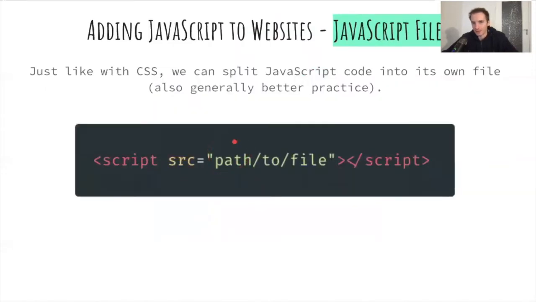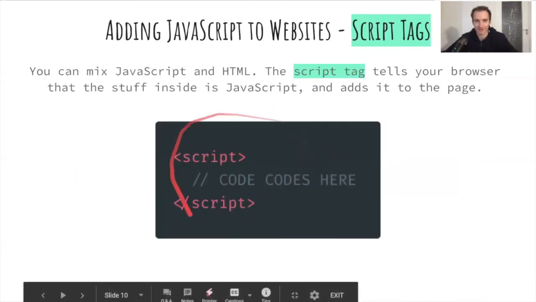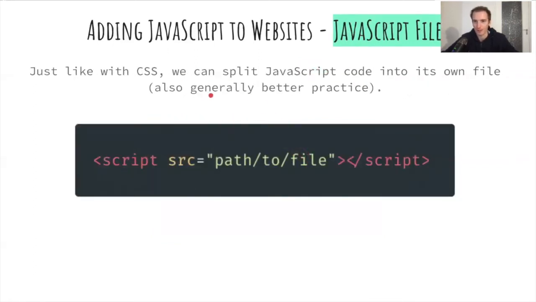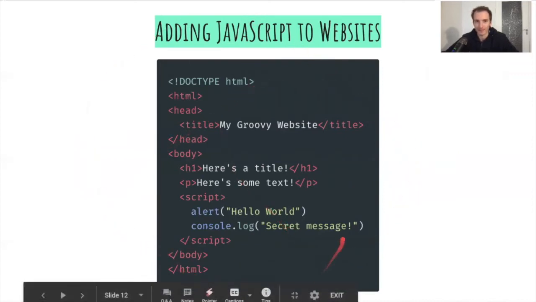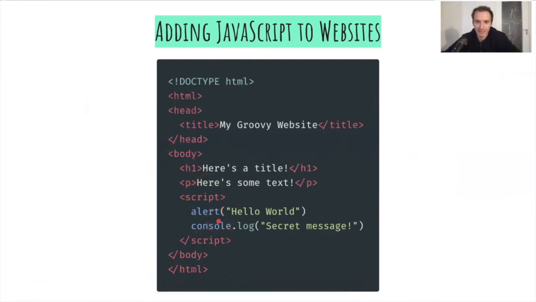And as also with the CSS, it's nice to be able to separate things into different files. So if you ever get the chance, I would always recommend you write this syntax rather than this syntax. But just for getting going, it's quite good to know about both of them. So in the end, you should have something that looks like this. This is with the first example of just putting a script tag and writing JavaScript directly.